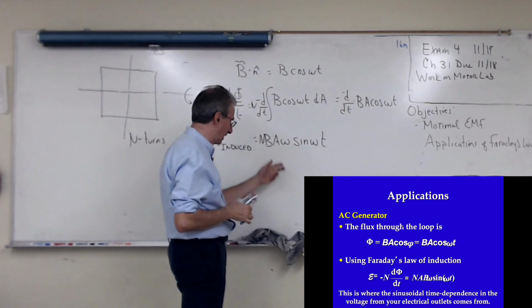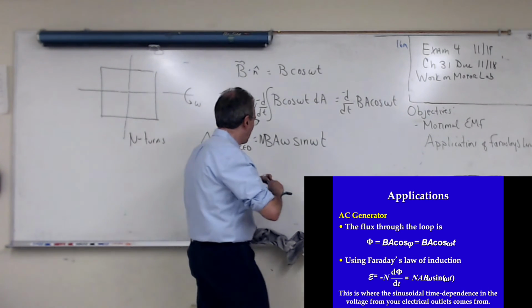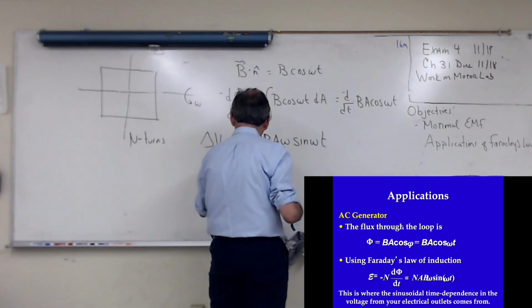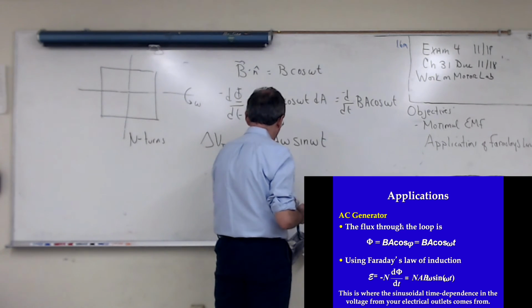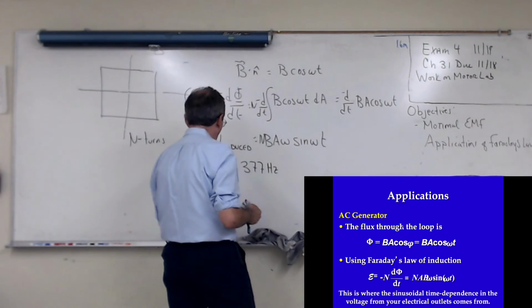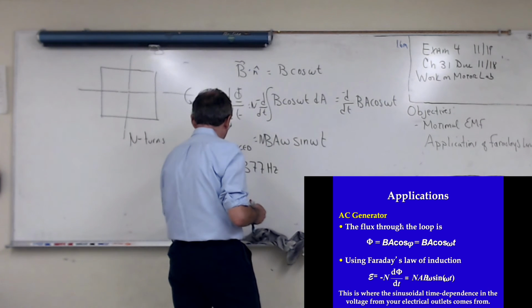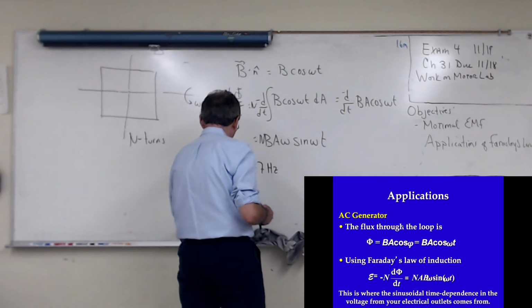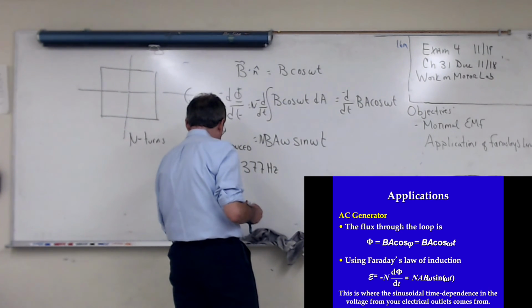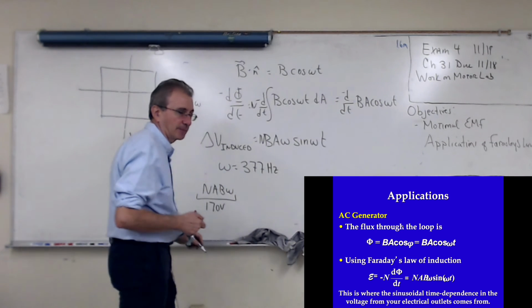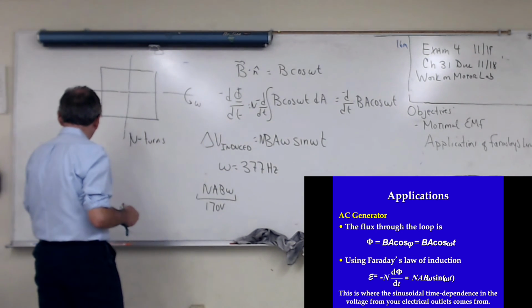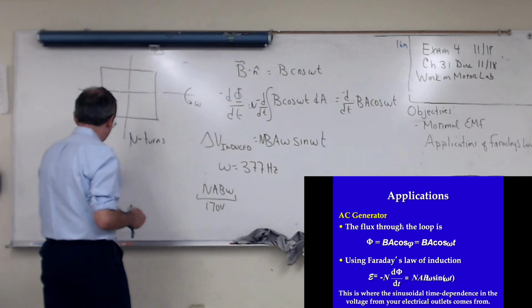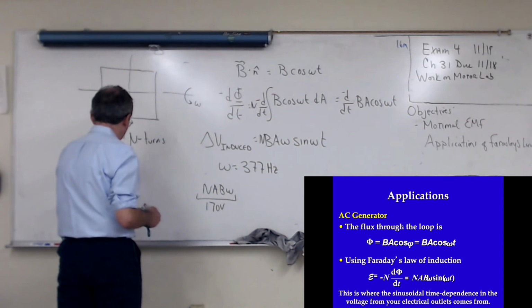But this is what's out of your outlet. And so in your home, omega is 377 hertz. In your home, N times A times the equivalent B is about 170 volts. And so what's coming in your house is 170 sine of 377 t.